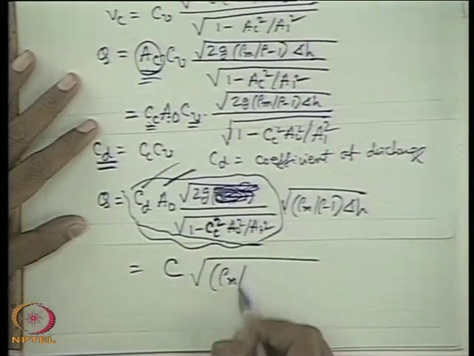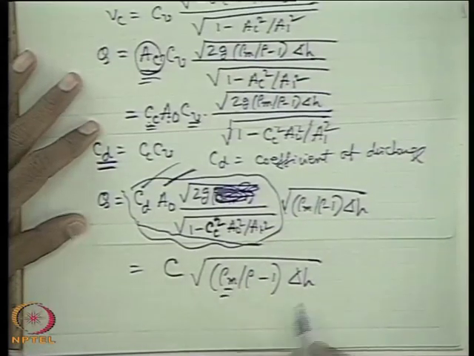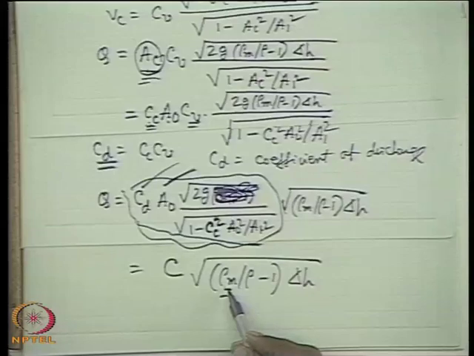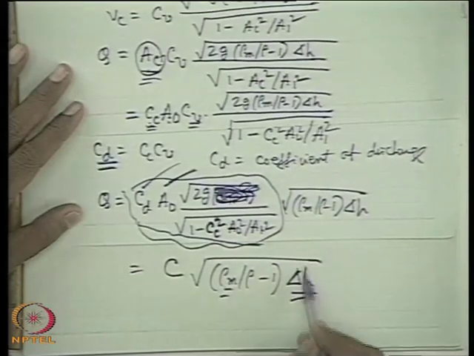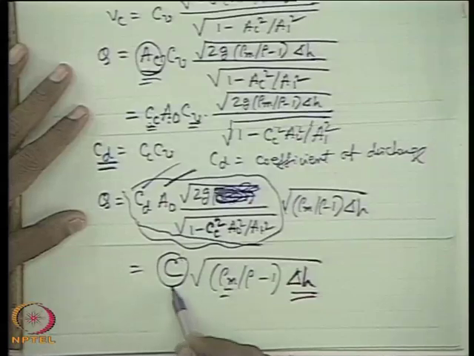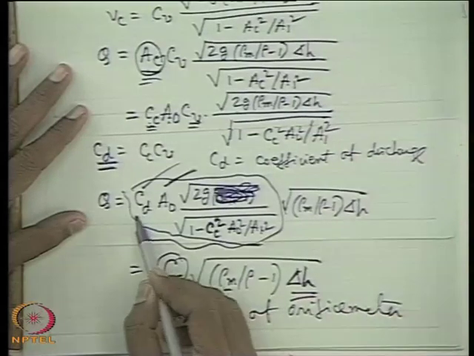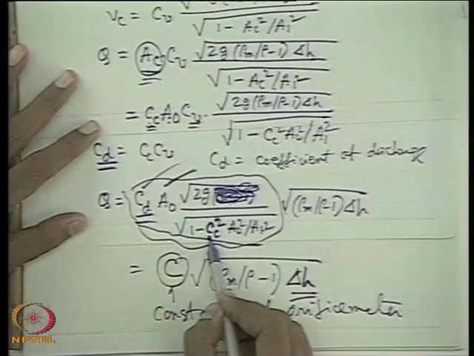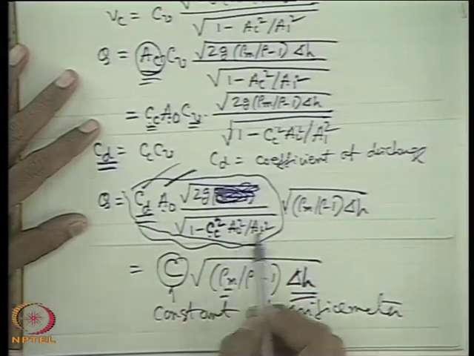This one is varying depending upon the manometer. That means the rho m value depends upon the manometric fluid used, and the deflection delta H. This C is known as the constant of the orifice meter, which is a function of the geometry of the orifice meter and the values of Cd and Cc, which are again functions of A0, A1 and the flow rate.